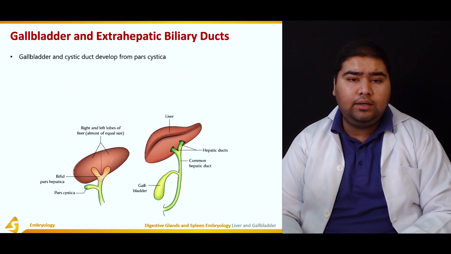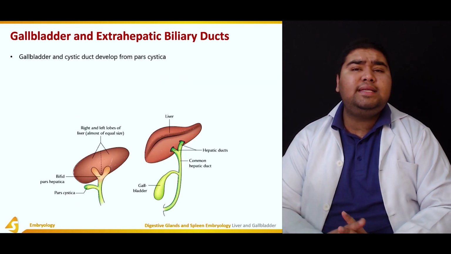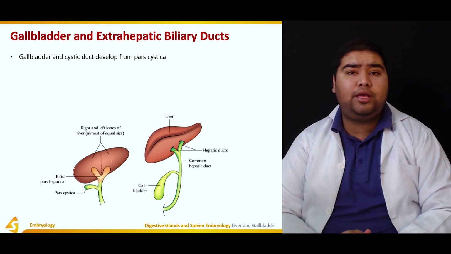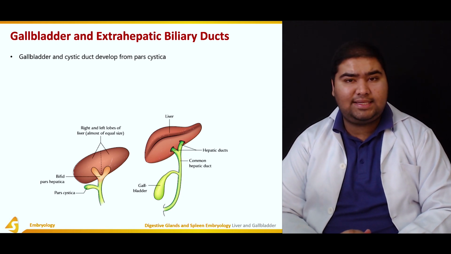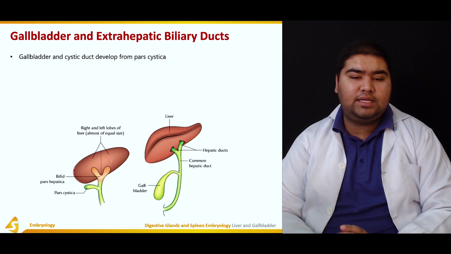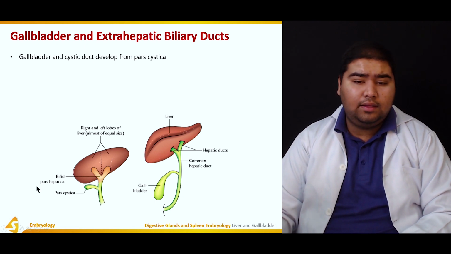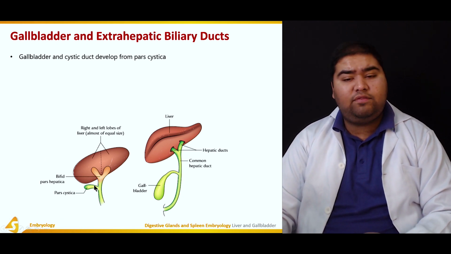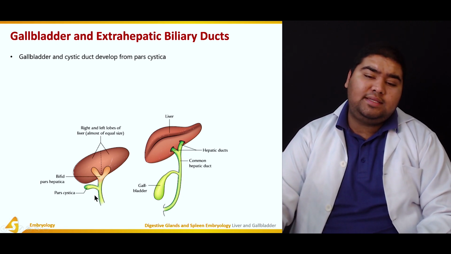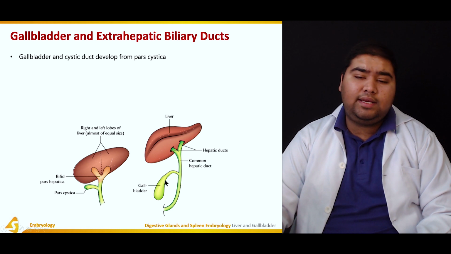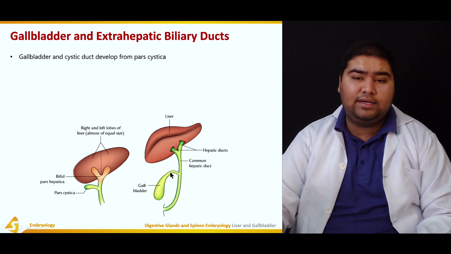So moving on. Now we'll see how the gallbladder and the extrahepatic biliary ducts are formed. The gallbladder and the cystic duct develop from the pars cystica. Obviously, this was the pars cystica. The pars hepatica formed the liver parenchyma, and this pars cystica developed into the gallbladder as well as the cystic duct.